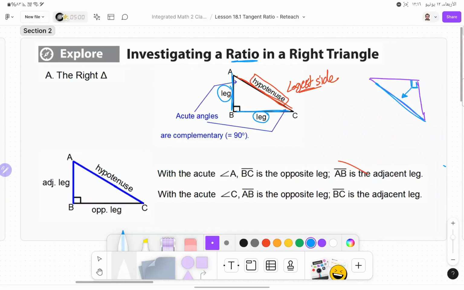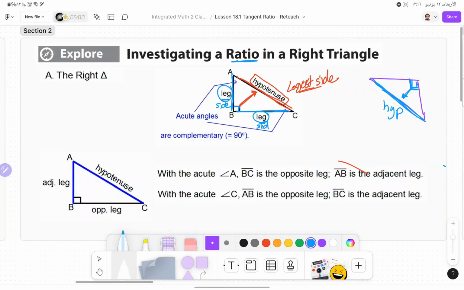So the side opposite the angle 90 is always the hypotenuse. Same thing here, this one is the right angle, so the opposite side is the hypotenuse. Now let's look at the other sides. We call them legs, or we can just call them sides: side AB, side BC.